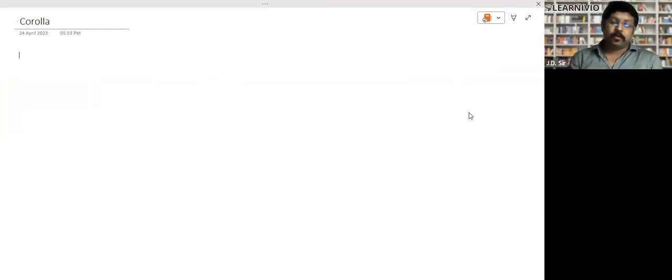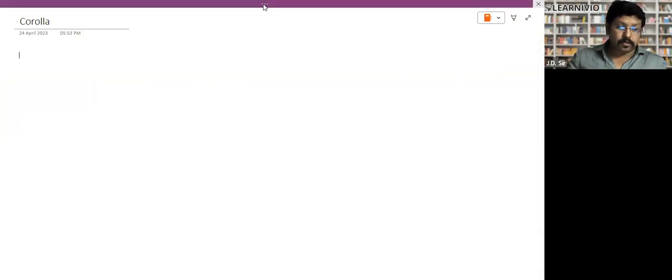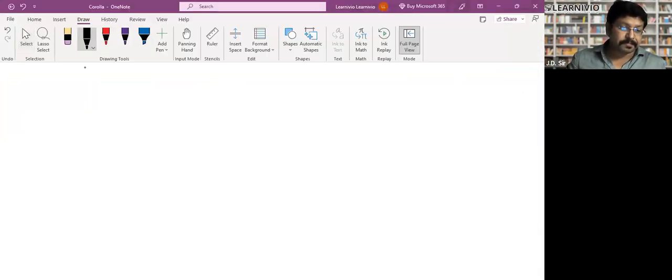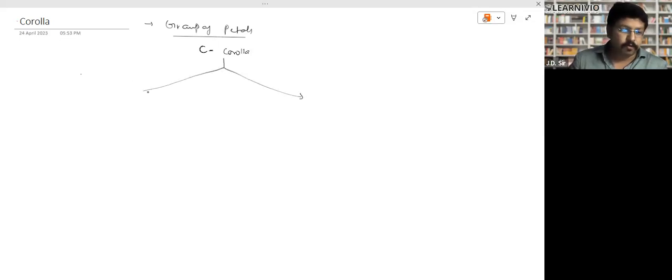For corolla, we call it petals, right? So corolla is a group of petals. This group of petals or corolla is represented by C, right? So C is corolla. Corolla may be of two types again. The same thing. The corolla may be of two categories. What are the two categories of the corolla?